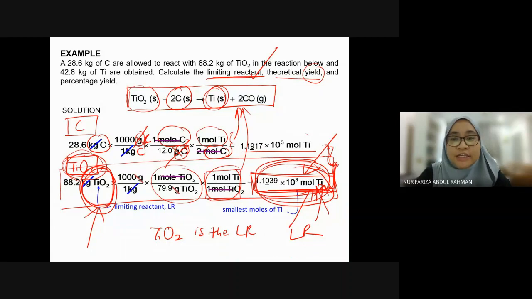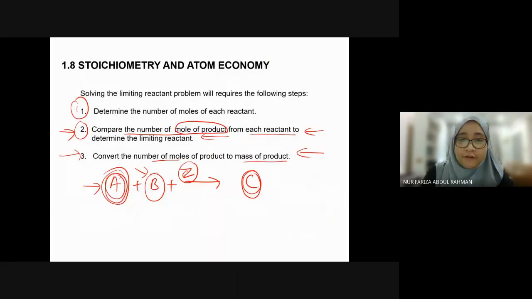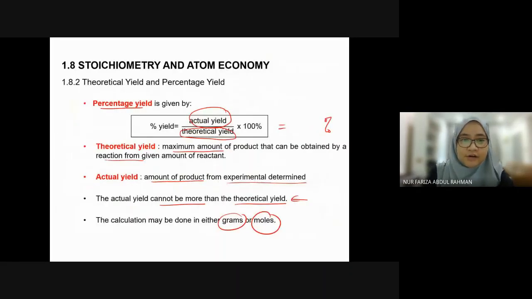No need. What does theoretical yield mean? I have to understand the term theoretical yield from just now. Theoretical yield is the maximum amount. This one is the percentage yield. Don't confuse the percentage yield and the theoretical yield. Theoretical yield is the maximum amount of product that can be formed through calculation.